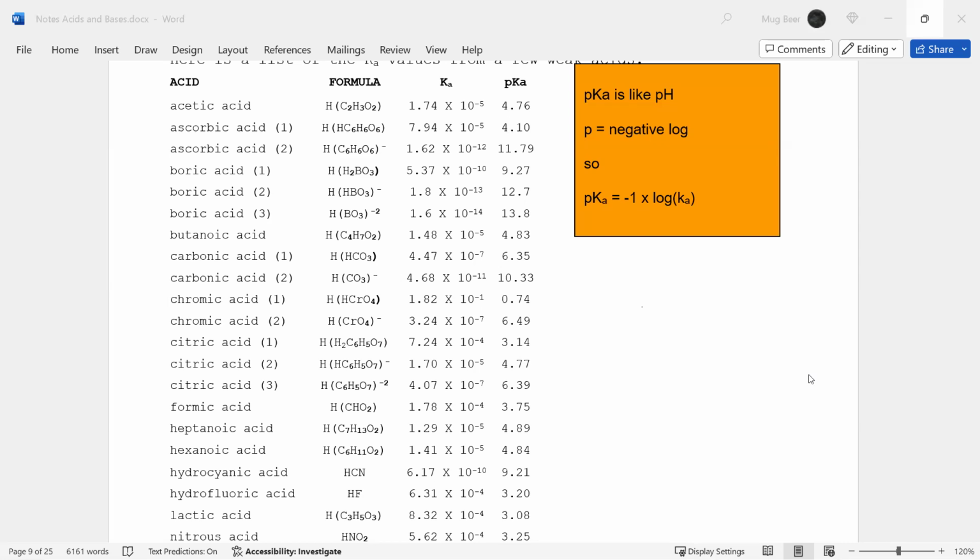Do you know any of these other names? Carbonic acid for sure. Sounds familiar. That formic, has anybody read Ender's Game? The aliens in that were called formics.